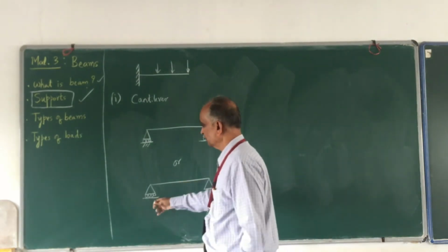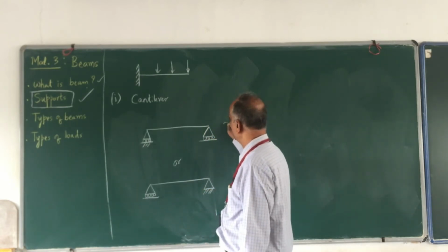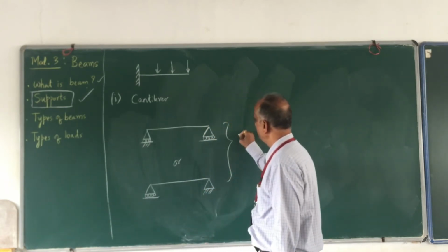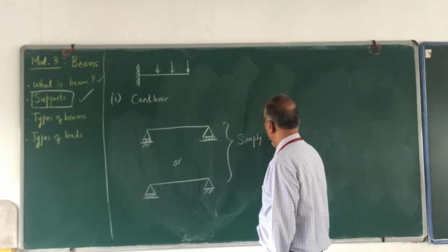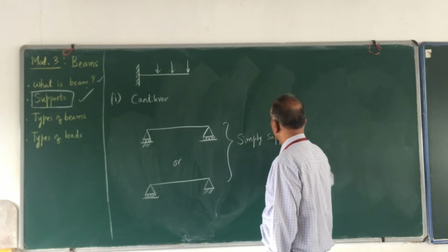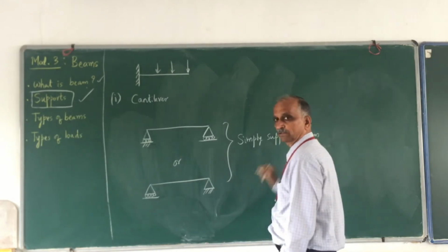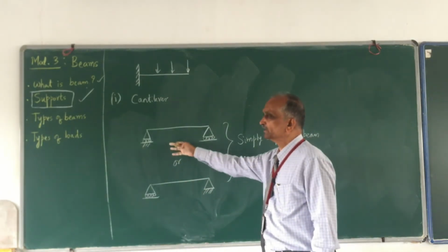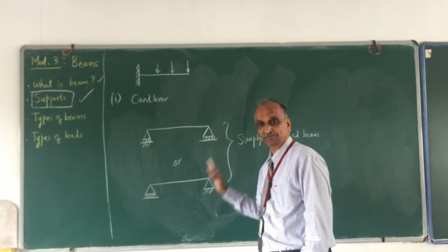Here I have one roller support and one hinged support. Both of them are called a simply supported beam. This is called a simply supported beam. This has both roller ends, or here one roller and one hinged.